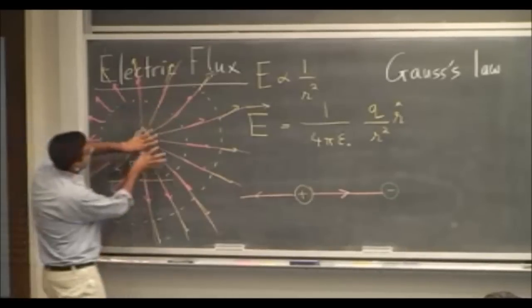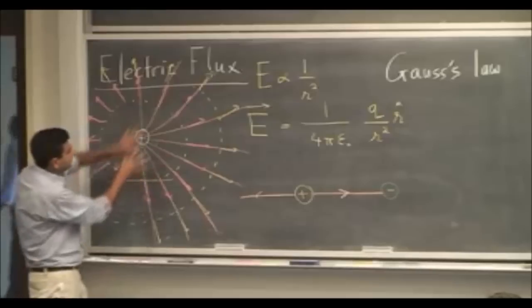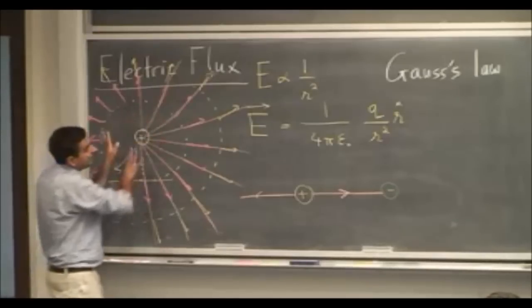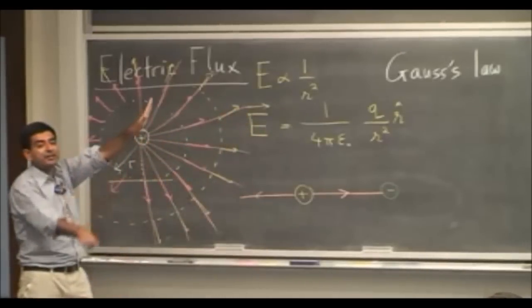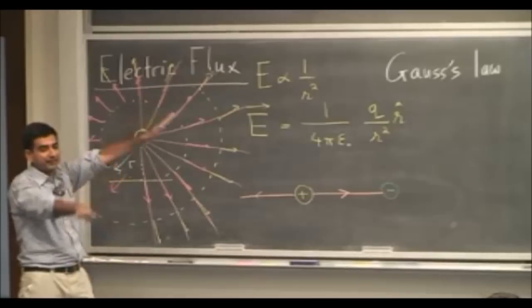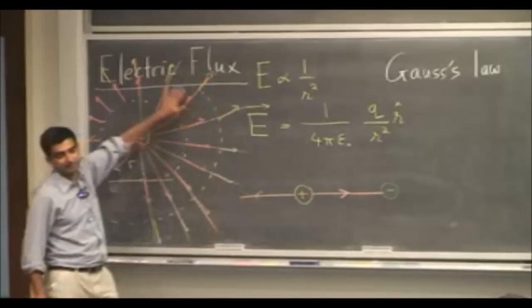Near the charge, the field lines are bunched together. So one would say that the field is higher in the vicinity of the charge. As I move further away from the charge, the field lines separate out. They part ways. They are further apart. So the electric field is smaller here.